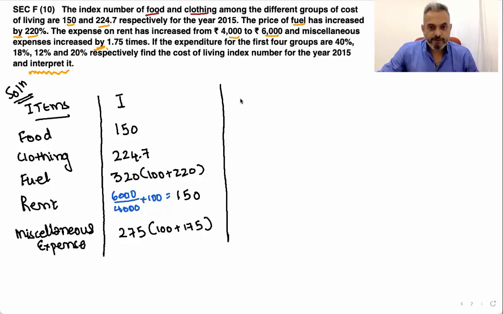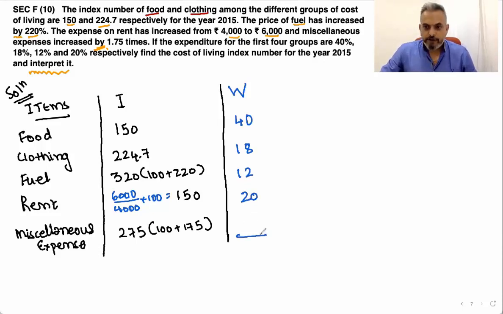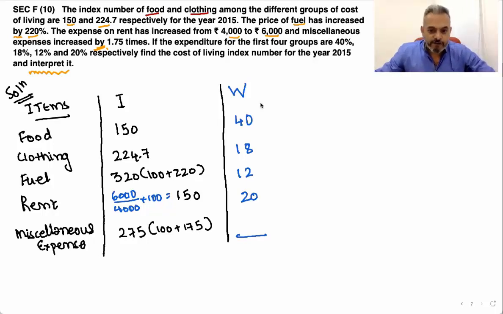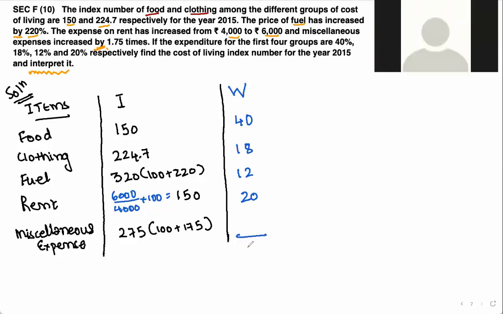Let's write the weights. If the expenditure of the first four groups are 40, 18, 12, 20. Now, here, what will be the total of weight? Can you tell me? 100. How did you know 100? Because your percentage is given. Yes. Now you understood this.